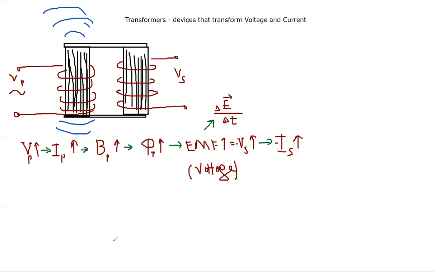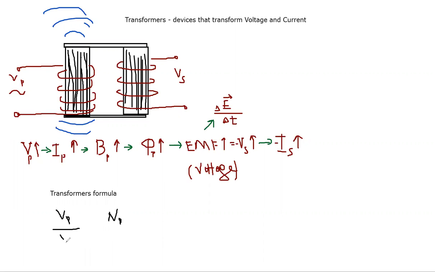So this is the transformer's formula. Let's see, we're going to put it here. Transformer. And basically it looks like this. The voltage on the primary coil will be proportional to the number of turns in the primary coil.